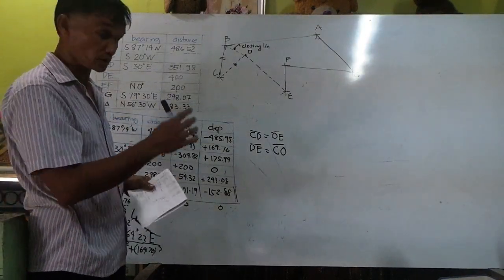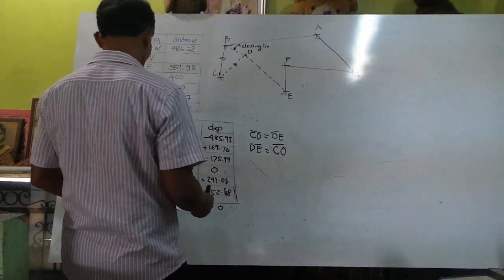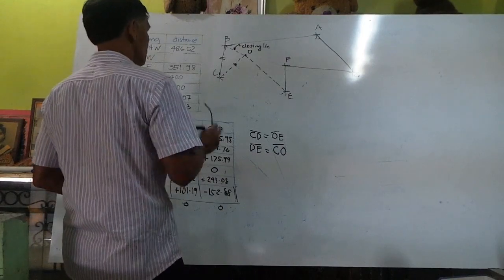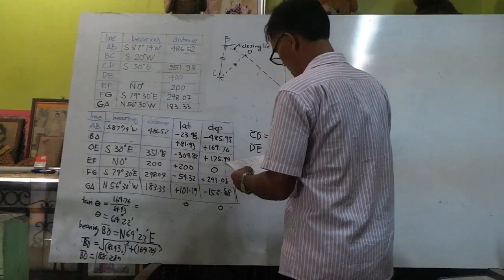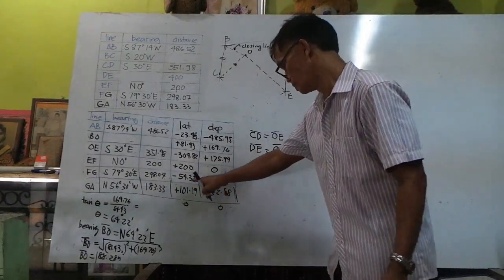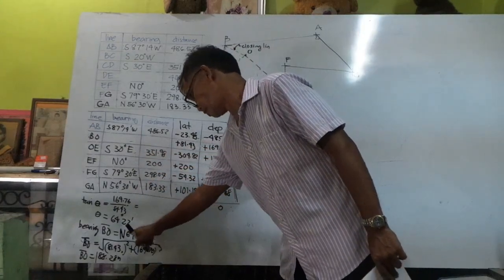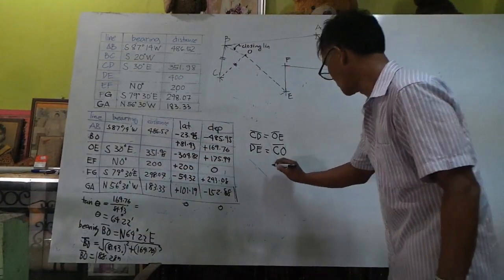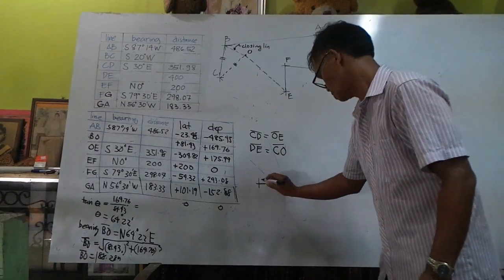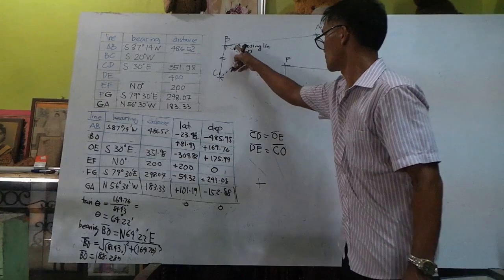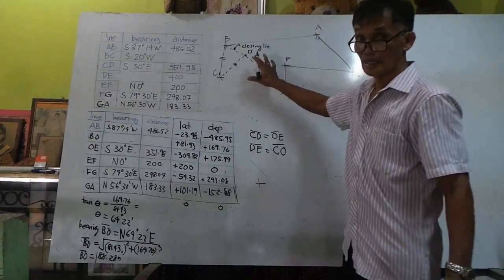Let's say our BO is northeast, so let us adjust our drawing. Take note that our drawing is not accurate.